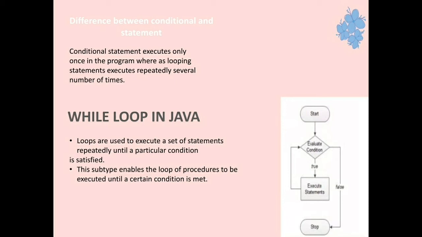Second, if the test expression evaluates to true, the code inside the while loop is executed. Third, the test expression is evaluated again. Fourth, this process continues until the test expression is false. Fifth, when the test expression evaluates to false, then the loop stops. And here is the flowchart of while loop.